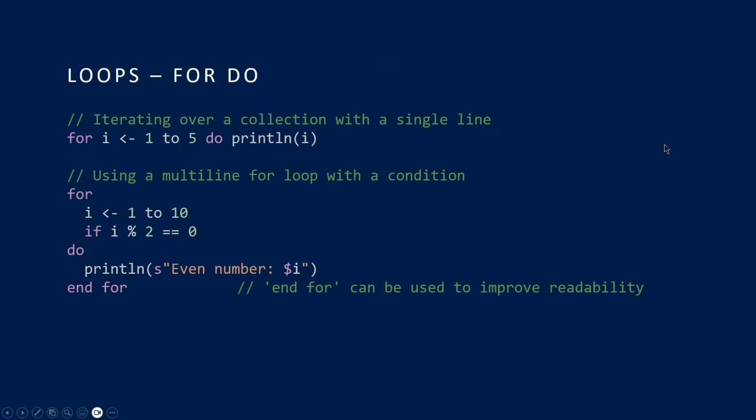Okay, for do. So single line, which I think we've seen already. That's the classic single line. You can get into some interesting multiple line constructions. I had versions of this with braces and brackets around some of this.